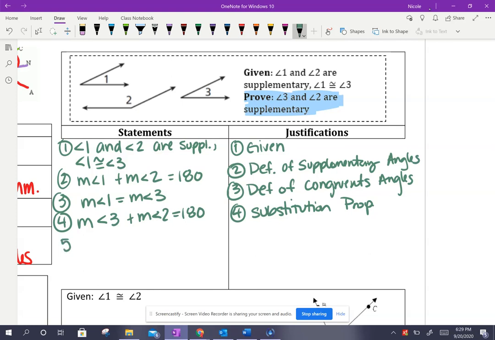And then for step 5, I have, so step 4 says the measure of angle 3 plus the measure of angle 2 equals 180. And I know that means that those two angles are supplementary. So I can finish this saying angle 3 and angle 2 are now supplementary.